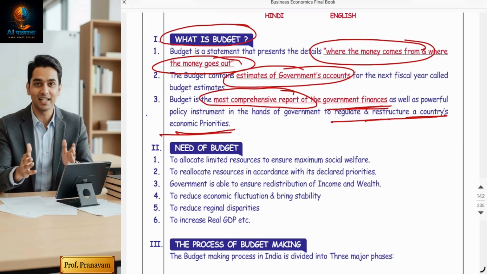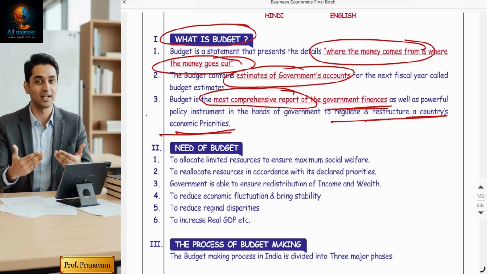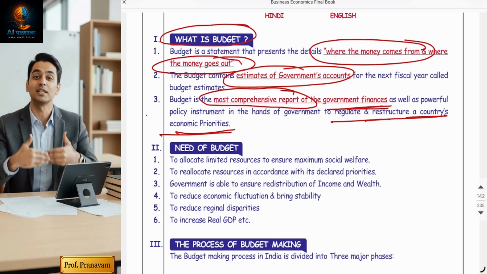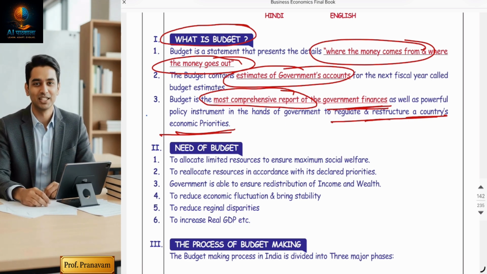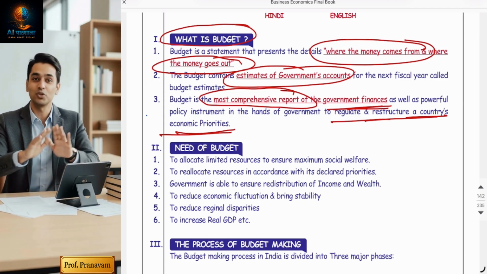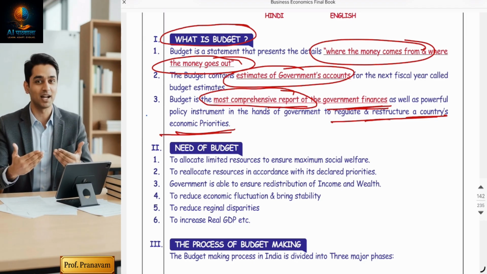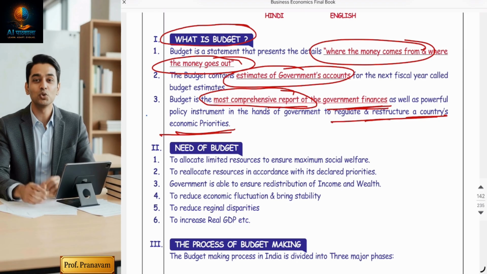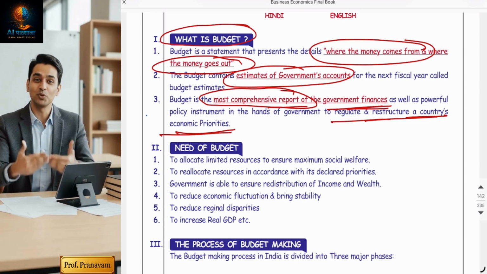The impact of the budget is that it reflects government priorities and regulates and restructures economic activities. That is why it is said that the budget is the most comprehensive report of government finances and a powerful policy instrument. So hope you understood what a budget is.